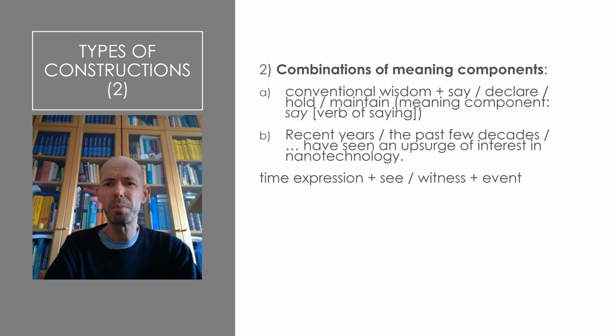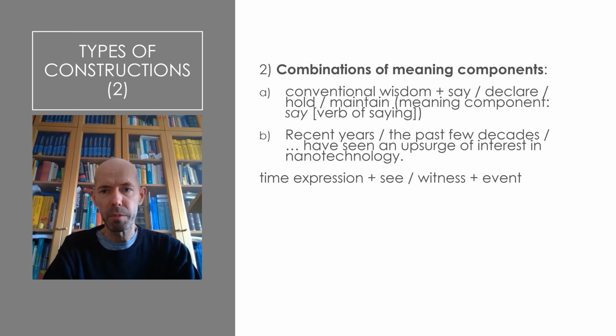So not with one specific verb, one specific word. It's not a two-word collocation, but rather a collocation between a phrase, conventional wisdom, and a particular meaning component, which is the meaning component say. Verbs of saying.